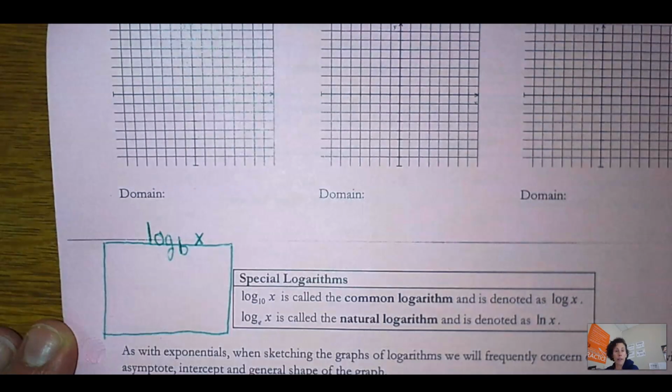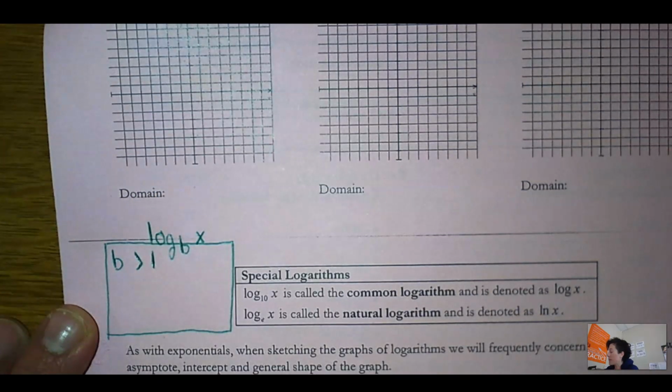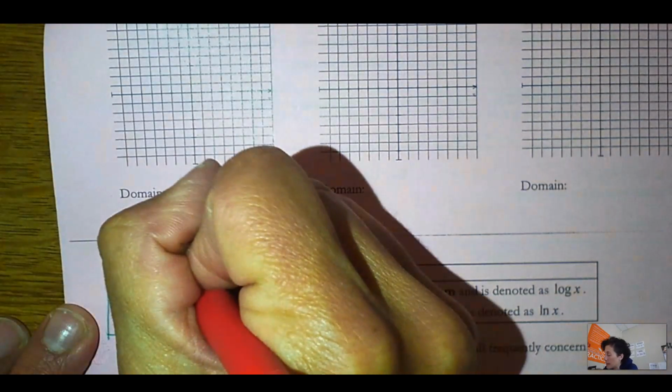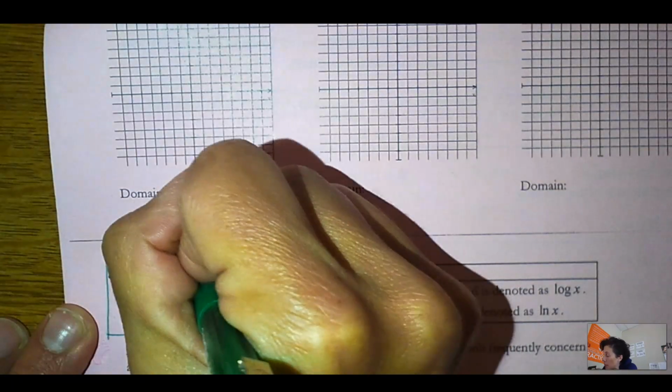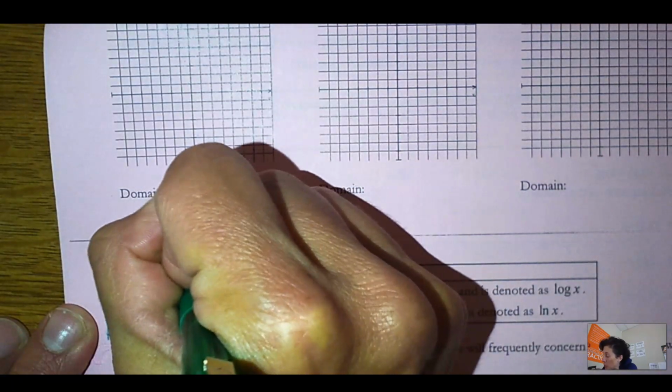So I'm just going to put a regular x. So if your b is greater than 1, like that, right? Let's do it like this. And then the other option is if your b is in between 0 and 1.